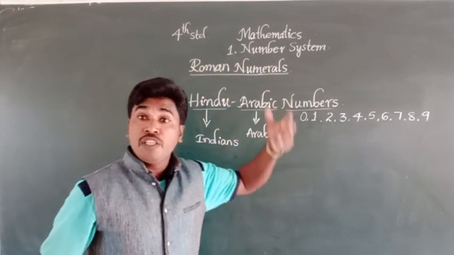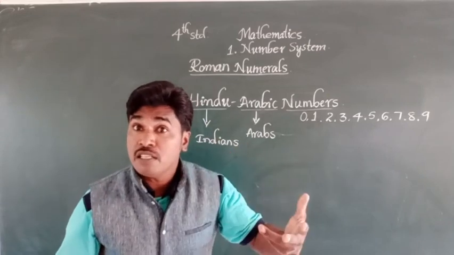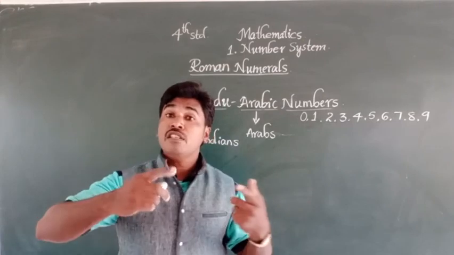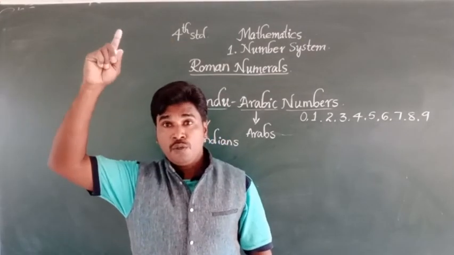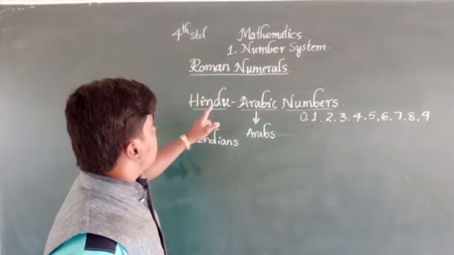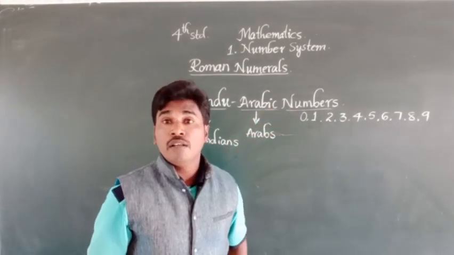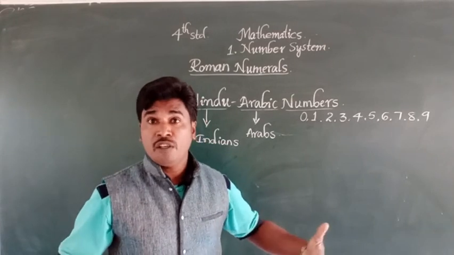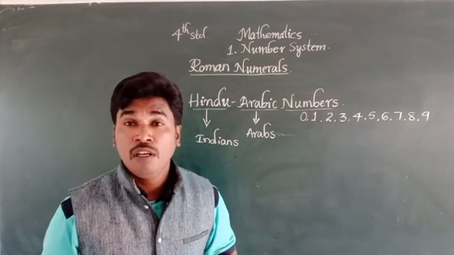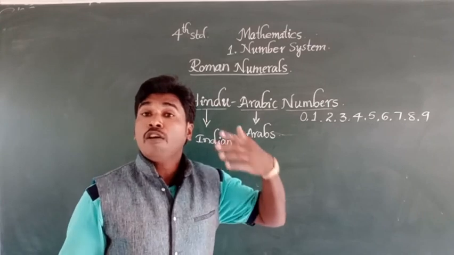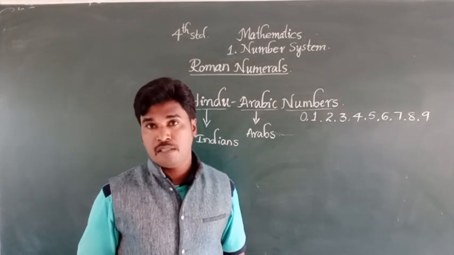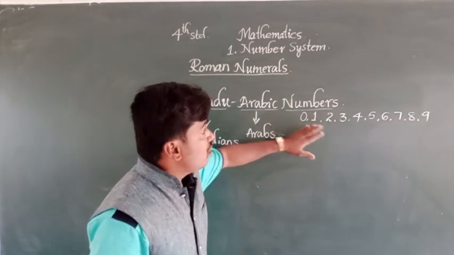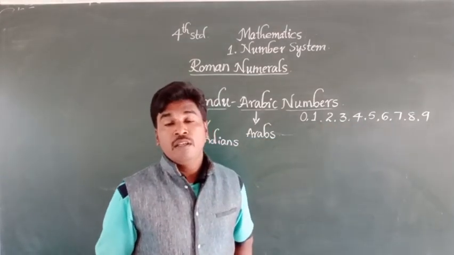Indians found these numbers and used these numbers, but Arabs used these numbers all over the world. So, namely we call them Hindu-Arabic numbers. Dear children, we are very proud to spread this information. We are using these numbers. In all over the world at present, we are using these numbers only.